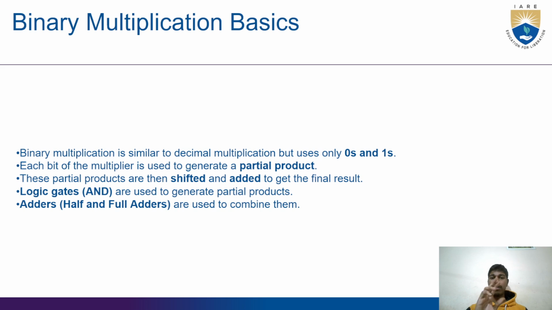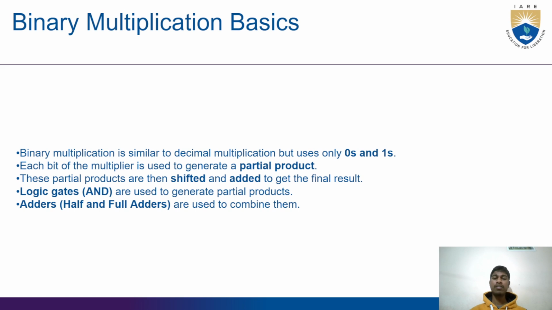Let's say you have 23 into 15. We multiply 5 with 5, we get the answer and we carry when there is an extra, and then we multiply 5 with 2. When we get the partial products, we add them and we get the final product. In the same way, we need to learn the basics of binary multiplication. So let's get into it.